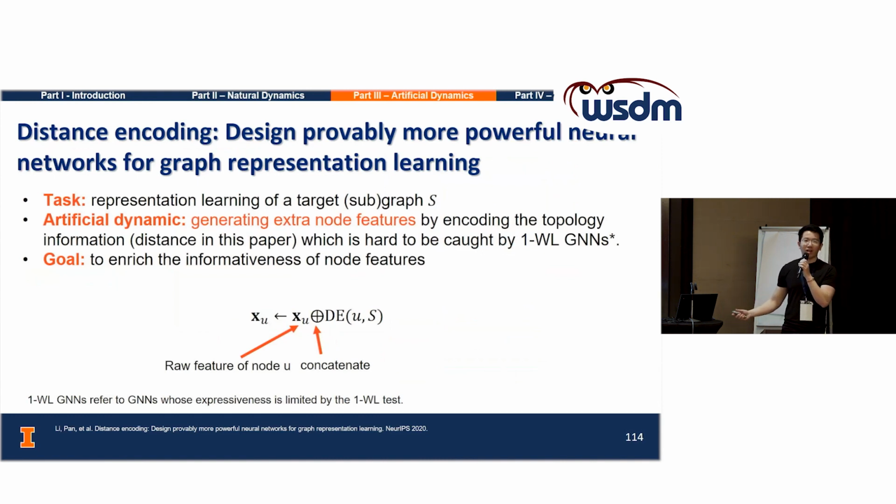This is also a family of work, and the representative work we selected is named distance encoding. They claim that after applying distance encoding, the neural network will be provably more powerful than graph neural networks that do not use this technique.